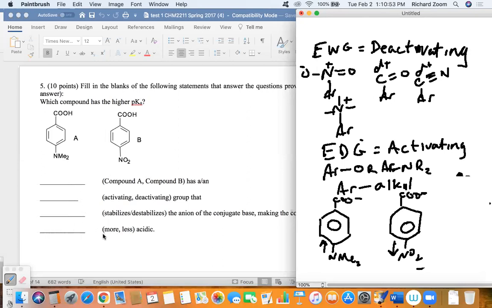I have a question. Yes. If it's less acidic, it's more basic, it's still destabilizing the anion of the base? Yeah. Well, the conjugate base, let's, Julie, don't talk about basicity when we're talking about acidity. I think you're going to confuse yourself.